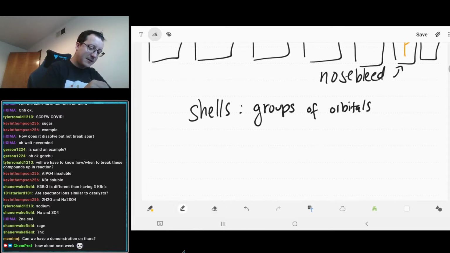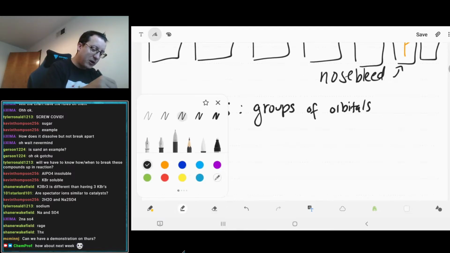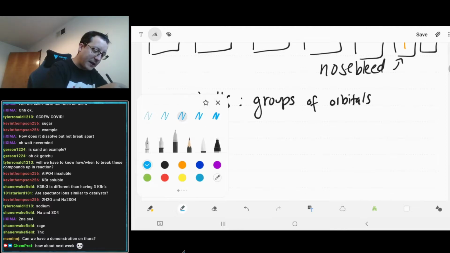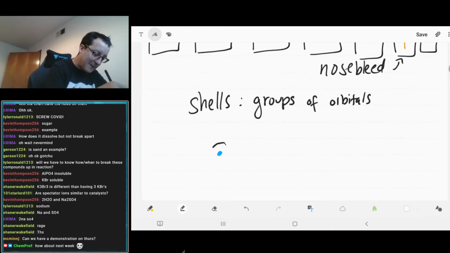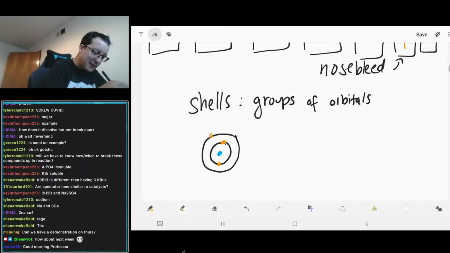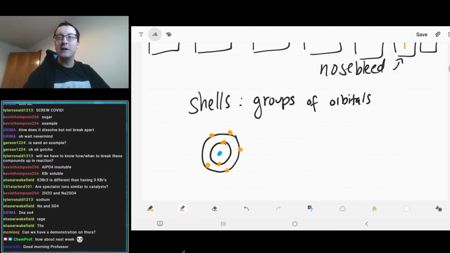And what that means is, if we look back at our previous model, the Bohr model that you guys are used to seeing, and you've got your 2 electrons here, and maybe you've got 5 electrons there or whatever.